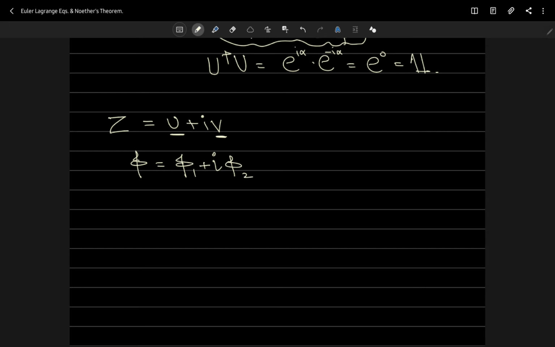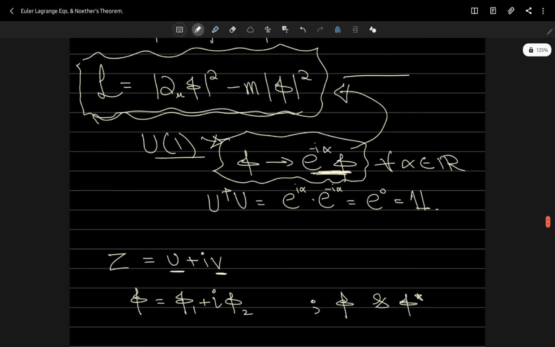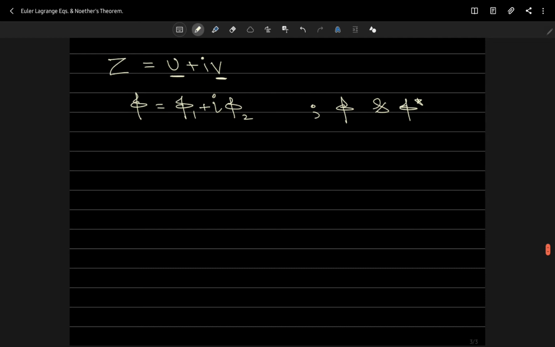Or I can even write this down in a much neater notation. I could just say that I have these two independent fields, phi and phi star. With this, I can take this Lagrangian and write it down as follows.